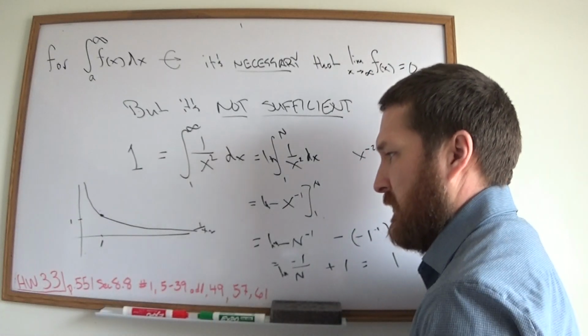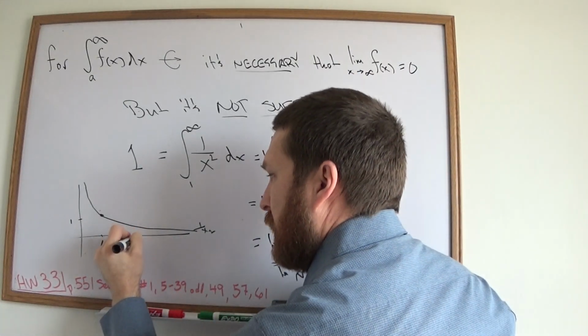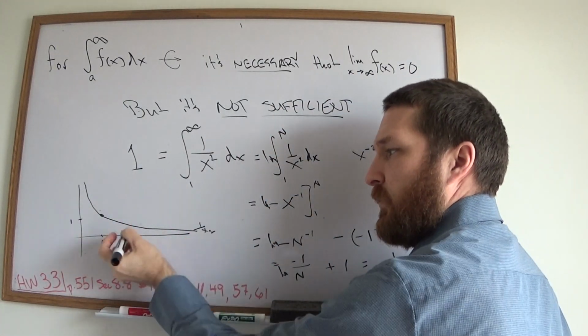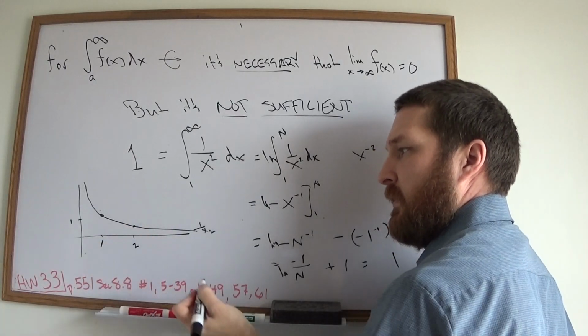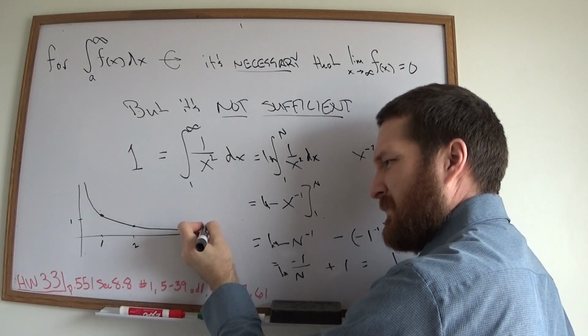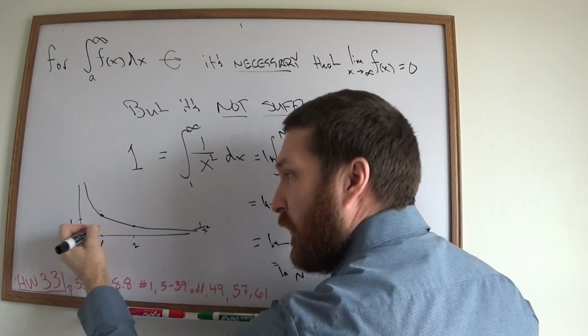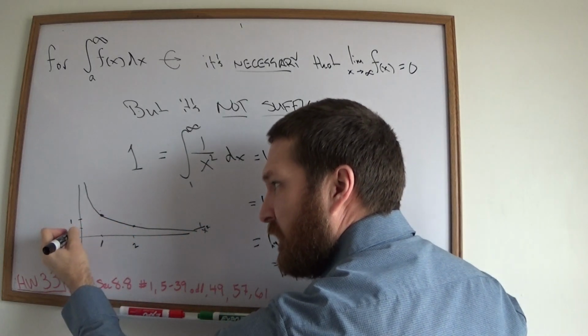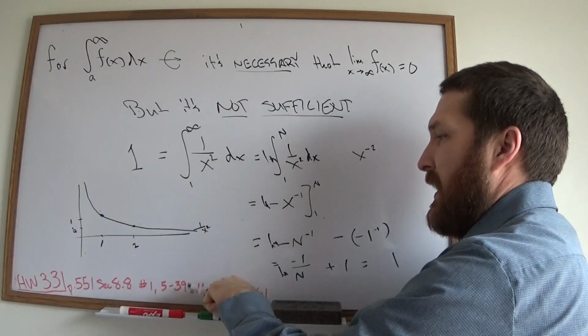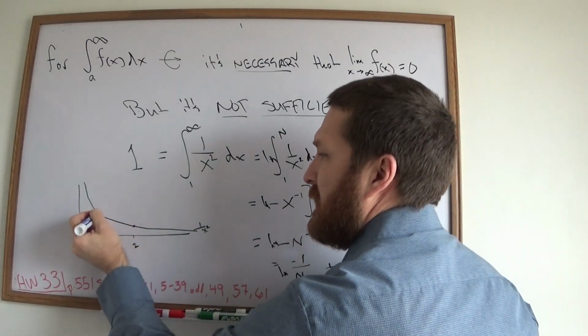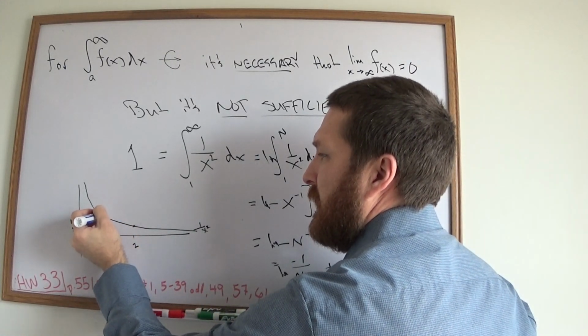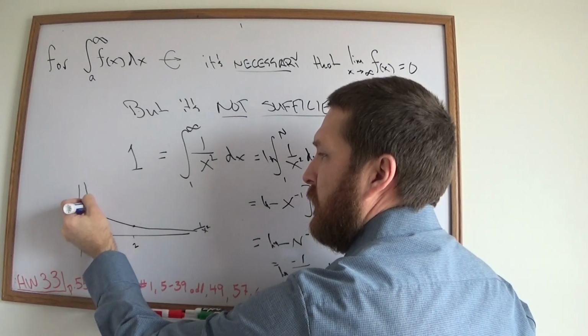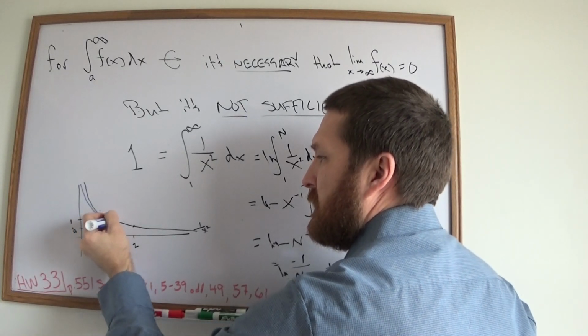If you were to graph this on top of 1 over x, you'll see, because think about it like this. Plug in a 2 to 1 over x squared, and what do you get out? 1 over 4. Now let's graph 1 over x. My claim is that it looks like this.